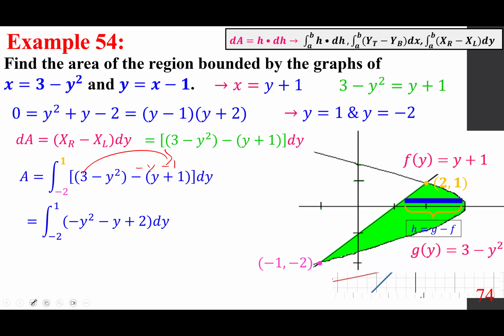So this is -1/3 y cubed, -1/2 y squared, plus 2y, evaluated from -2 to 1. It means plug in 1 gives you a number. Plug in -2 gives you a number. Their difference is 9/2.